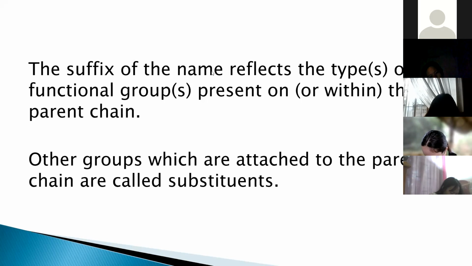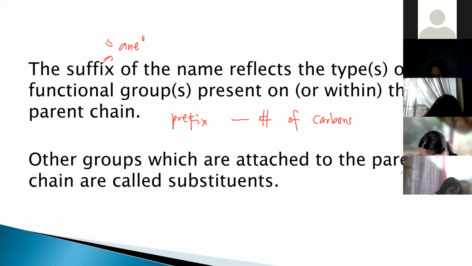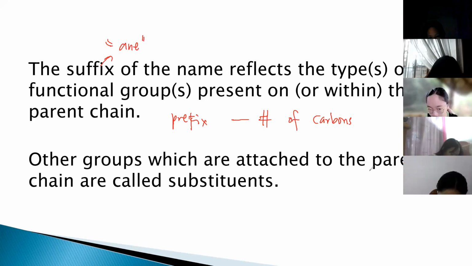So ang suffix natin na gagamitin is -ane. Pero may prefix din tayo ha. The prefix yung sinabi ko kanina based on the number of carbon. Okay? And then in naming, i-identify natin ang parent chain and ang so-called substituent.